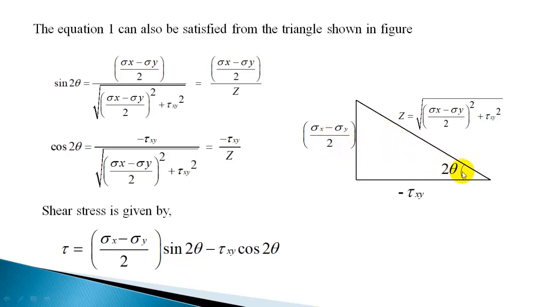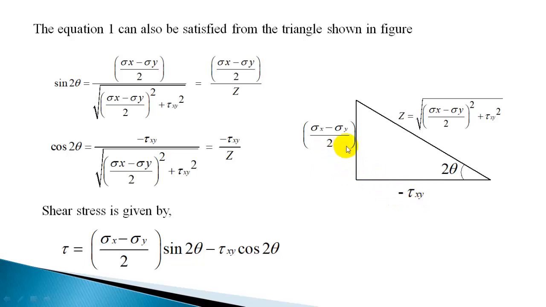From this triangle, tan 2 theta is this divided by this, you get minus (sigma x minus sigma y) by 2 over tau xy. So it is satisfying the expression for the maximum shear stress plane. The only thing I have changed is this: earlier the opposite side was minus and the adjacent side was plus. Now the opposite side is plus and the adjacent side is minus. The ratio will once again be minus.